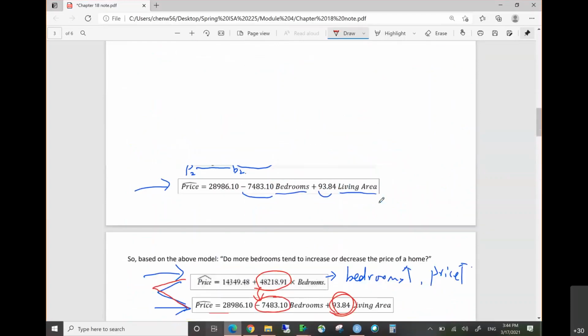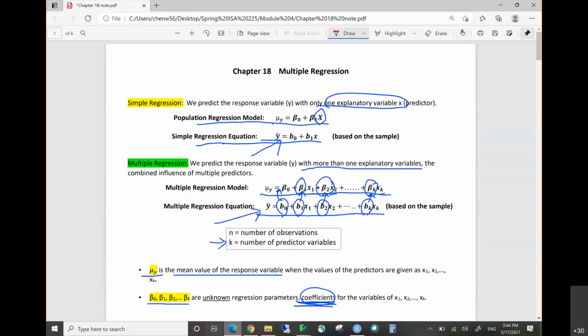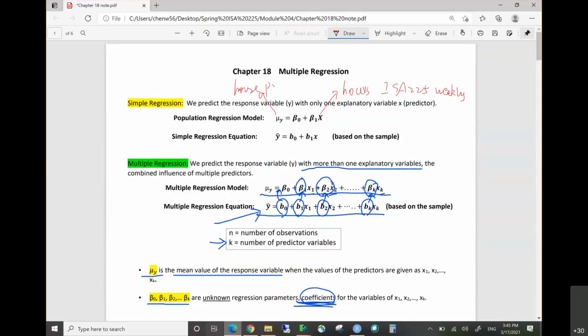For the simple regression, even if you have two variables that are not related, for example, a variable like the hours you spend on ISA 225 weekly, and the other variable y is the house price, there is no relationship between these two.